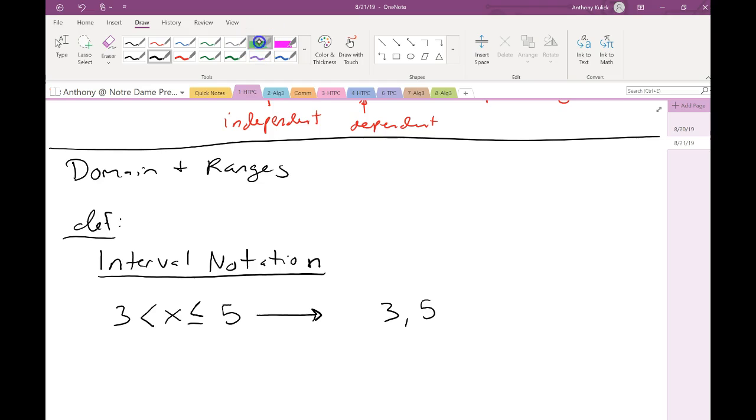And then we need to indicate with a symbol on either end that 3 is not included in the set, but 5 is included. The way we do that is we use a parenthesis for not included and a square bracket for included.